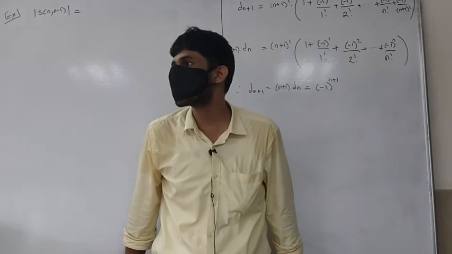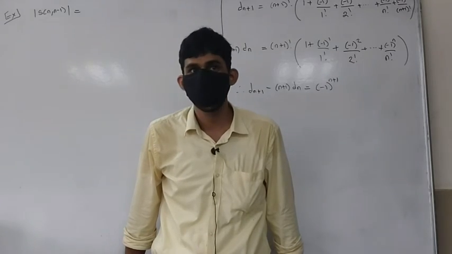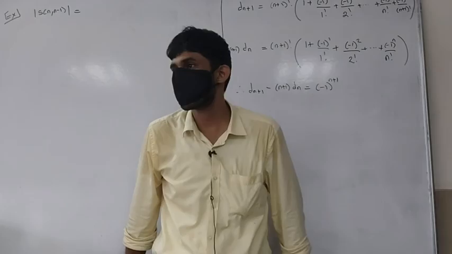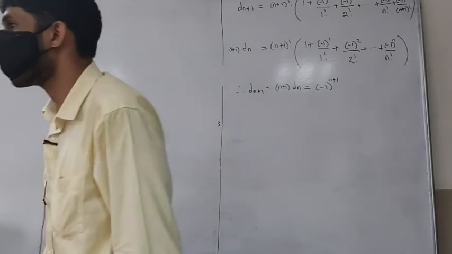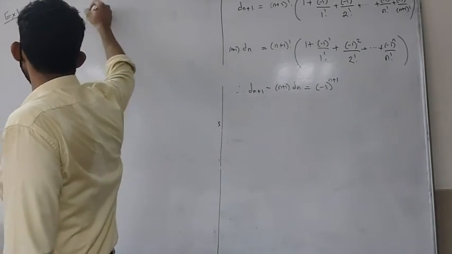Therefore, it's basically a choice of 2 from n. Can you see that? There is no other possible way of doing this. So this will just be nC2.